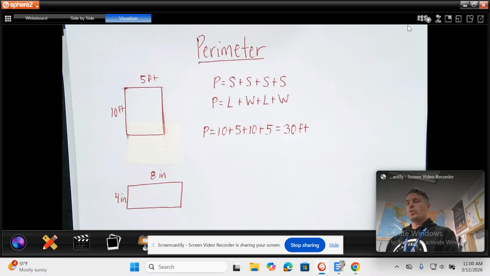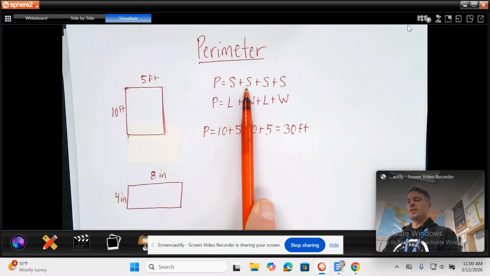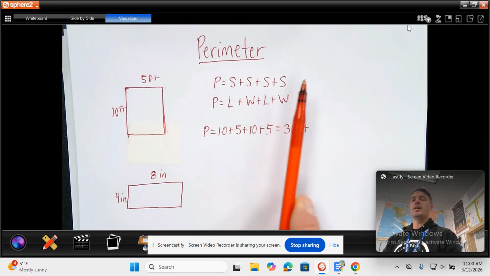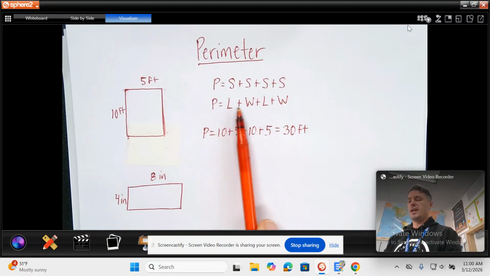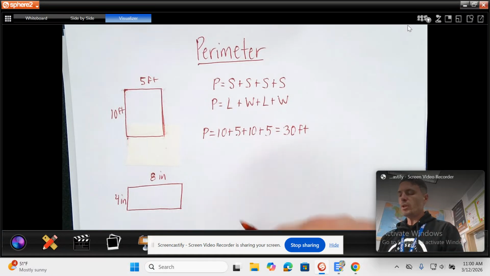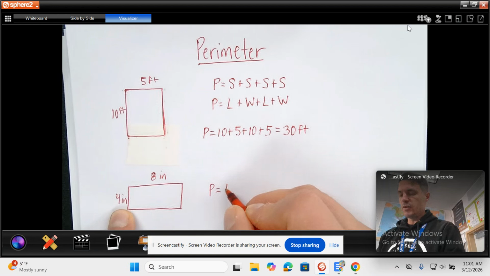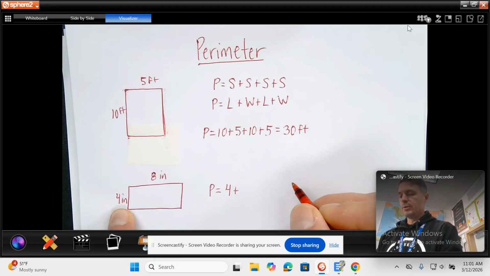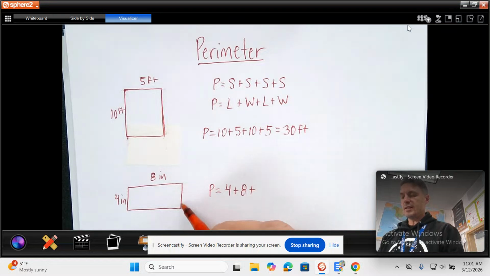Well, we follow the formula of perimeter equals side plus side plus side plus side, or again, another way of showing that same thing is perimeter equals length plus width plus length plus width. So we just add up the length of all 4 sides. So this side is 4 inches long, plus this side is 8 inches long, plus this side.